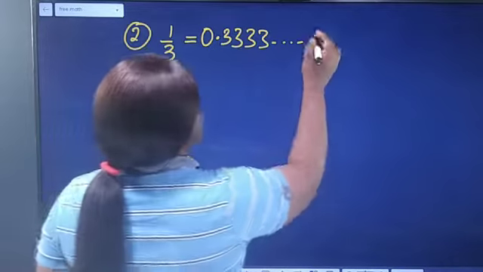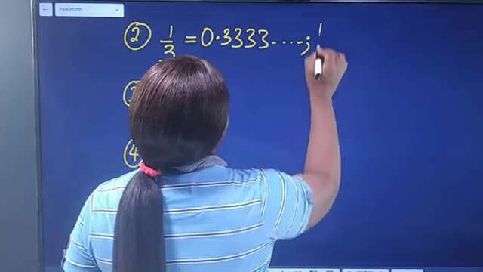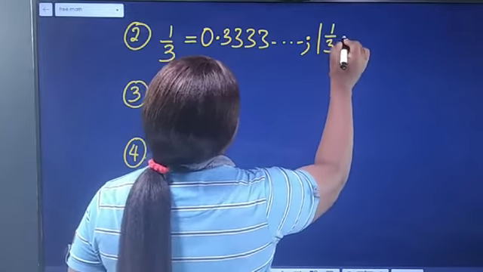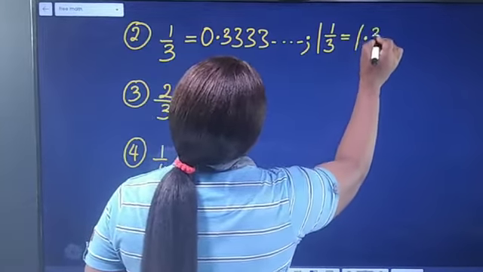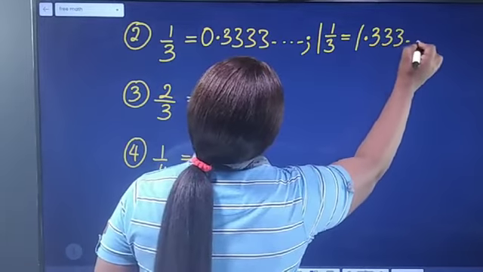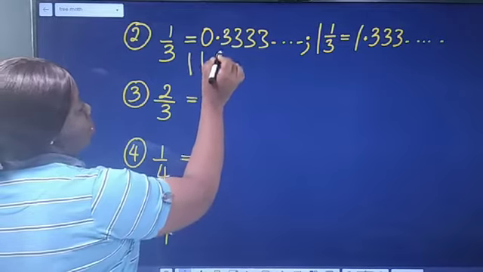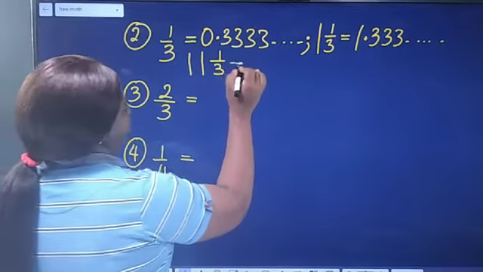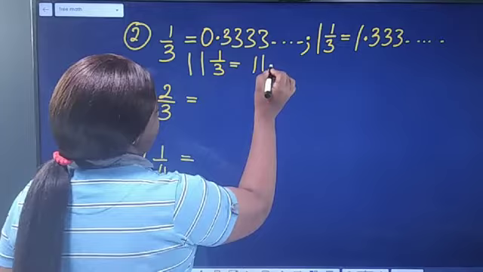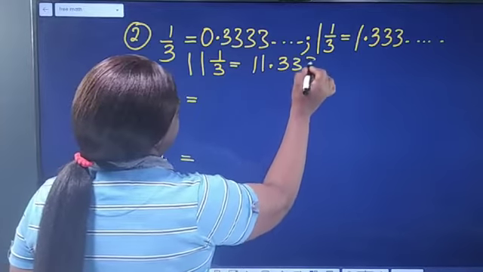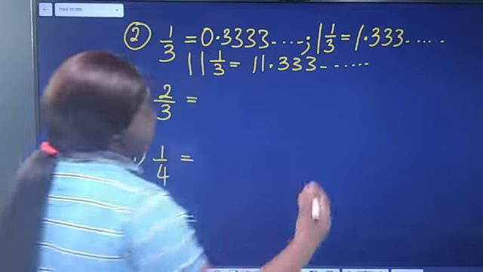Now, what if you have one whole number 1 over 3? That is 1.333 up to infinity. If you have 11 whole number 1 over 3, that is 11.333 up to infinity.